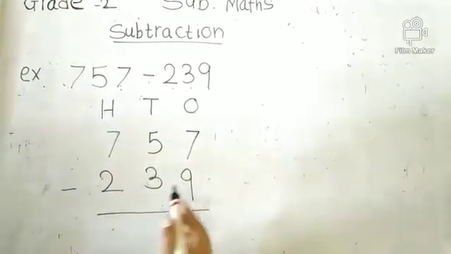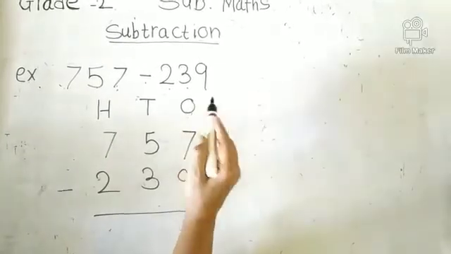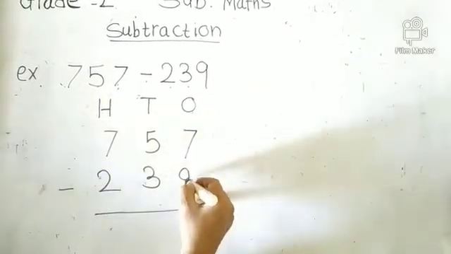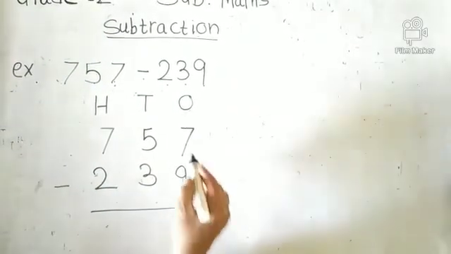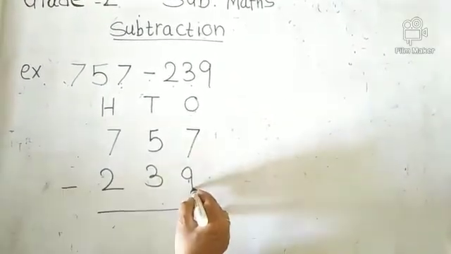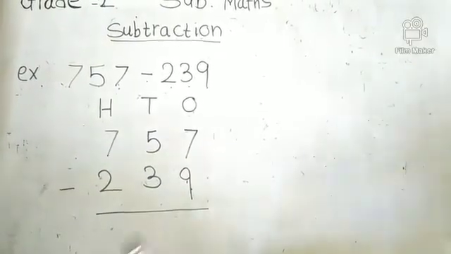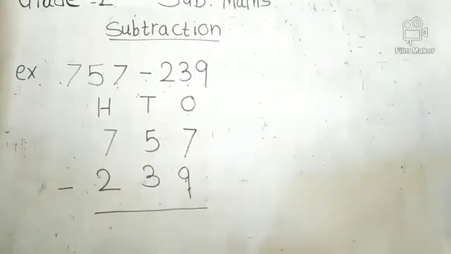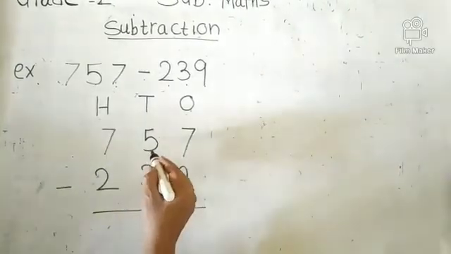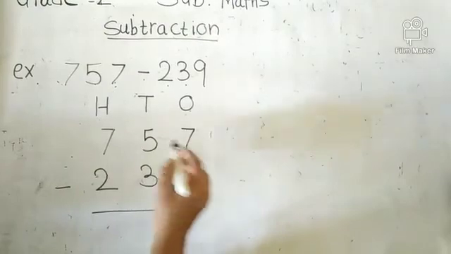Okay. Now, let's start with ones place. Here is 7 and here is 9. But 9 cannot be subtracted from 7. So we have to do regrouping or take borrowing.